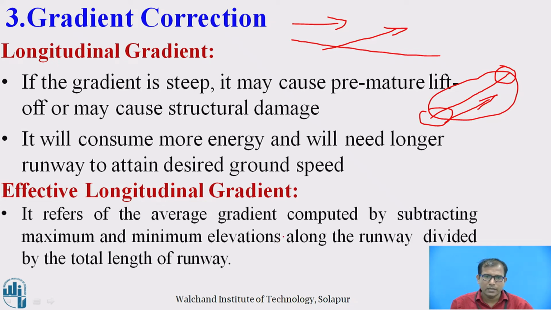So here we need to calculate the effective gradient by subtracting the maximum and minimum. Here the elevation is maximum, and here it is a minimum value. We know the total length over here, so take the difference of maximum and minimum and divide it by the total length of the runway. That gives the effective longitudinal gradient.